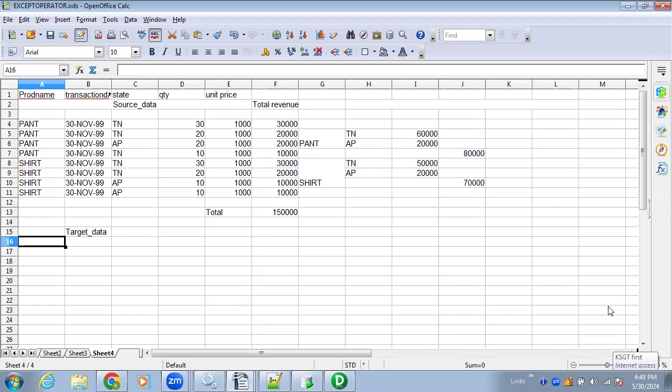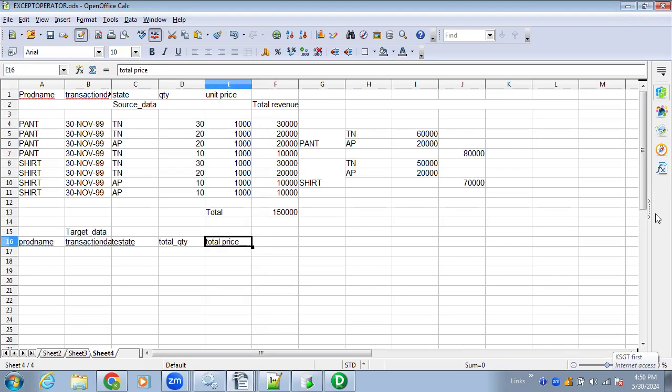So, here the product name came, the transaction date came. What do I need to group by now? State came. Instead of quantity, I want to go with the total quantity, and instead of unit price, I want to go with the total price. These are my fields.